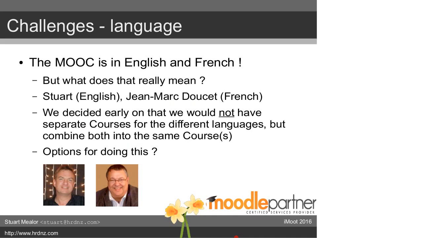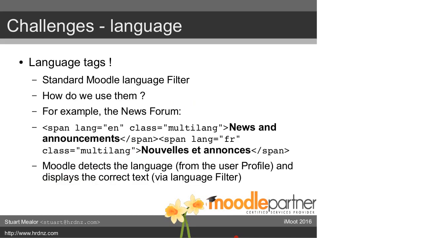So we didn't want to completely isolate the two groupings. We wanted an ability to integrate where necessary. So we didn't go down the track of having different courses for different languages.